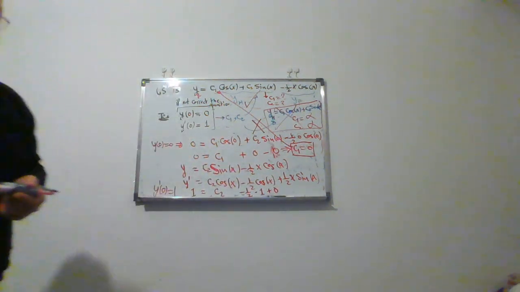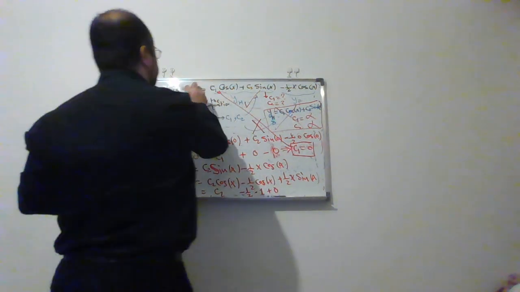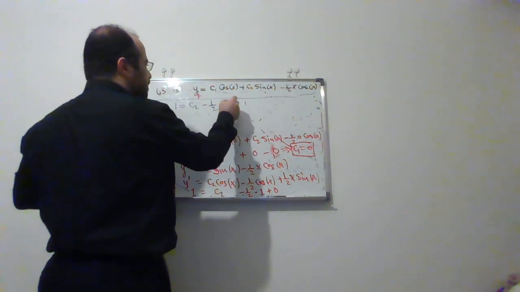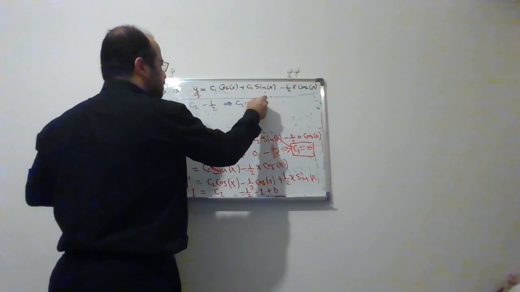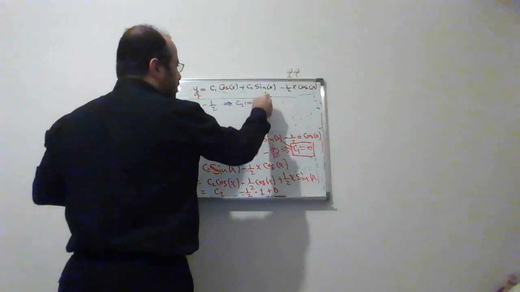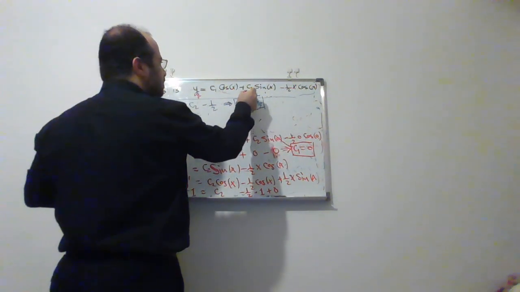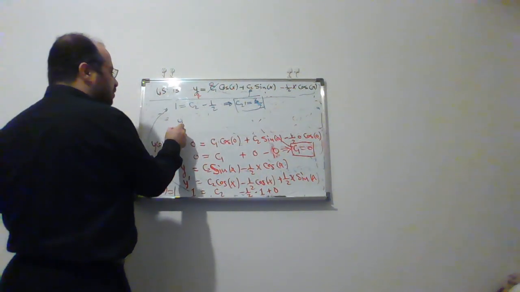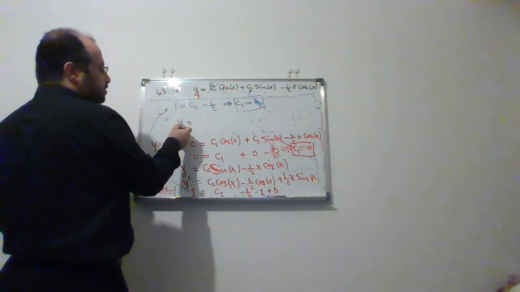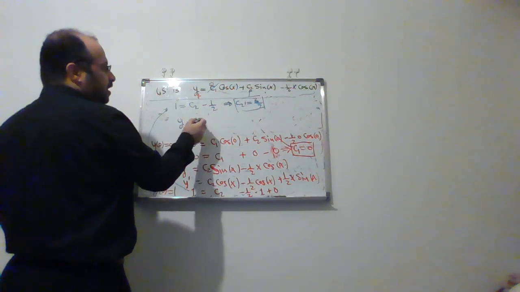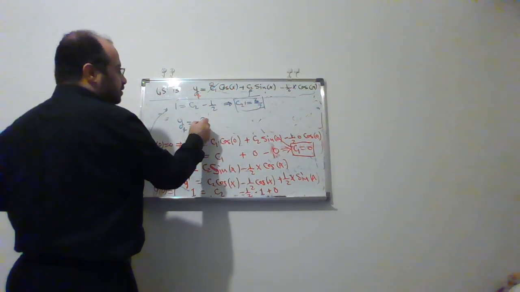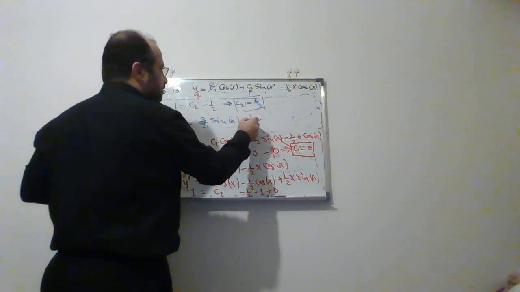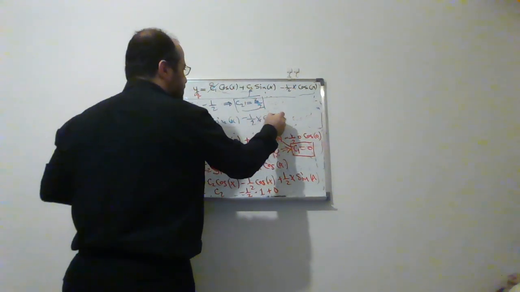Finally, I got the following, and from this you get C2 equal to 3 over 2. And I already got C1, so I got C2 here. With C1 being 0, the general solution y is just 3 over 2 sine x minus half x cosine x.